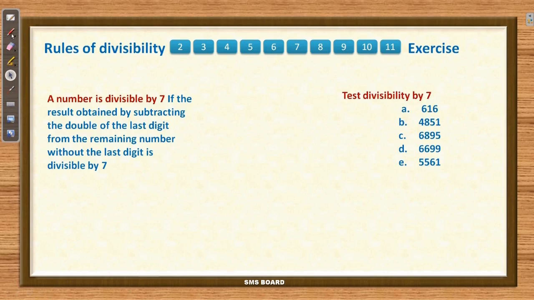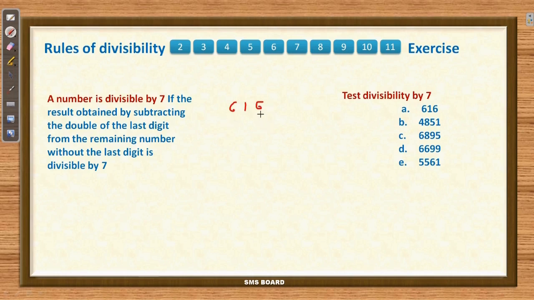In this exercise, the first problem is 6601. What is the last digit of 6601? 1.